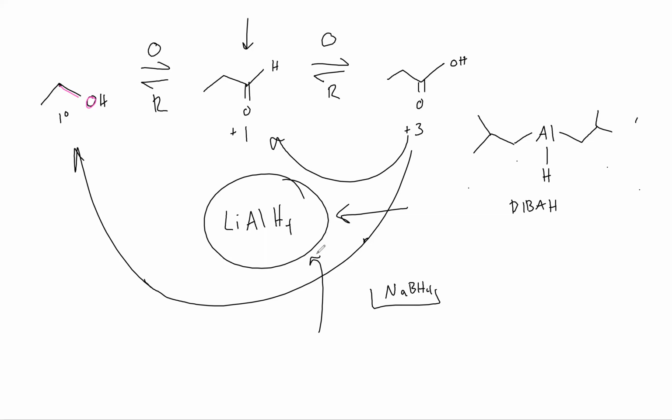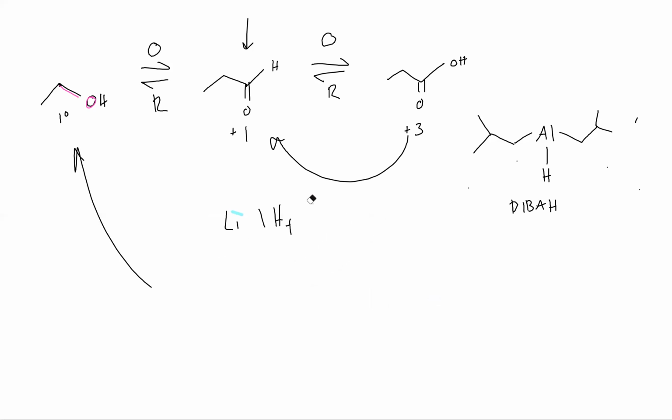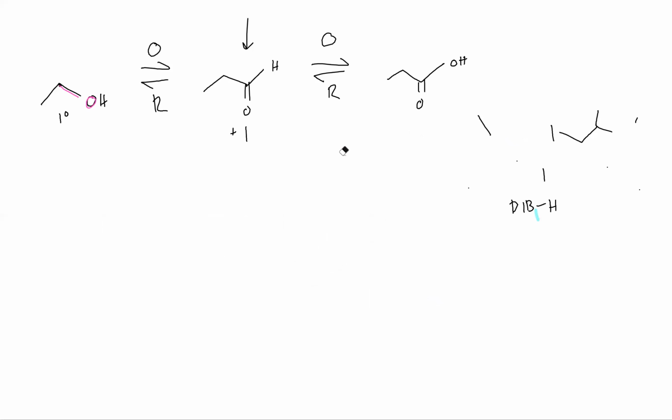Let me erase this really quickly. So again, PCC oxidizes one step, and then the chromium oxidizes 2 steps. But when we have a secondary alcohol like this, we can only oxidize one step. We cannot oxidize any more than that because we can't get rid of carbons.